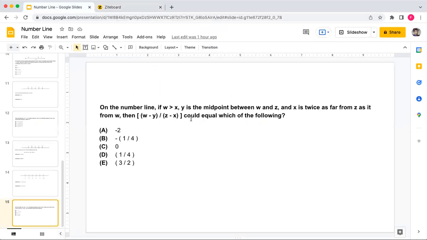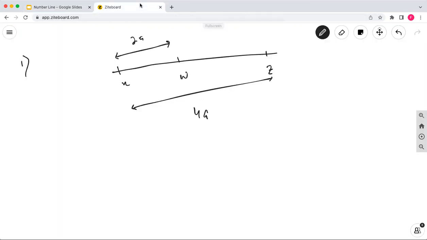Next thing is Y is midpoint of W and Z. So this is A, and this is 2A. This is the first scenario. Let's quickly assume some values. If W is 0, Y is 1, Z is 2, and X is -2, right?